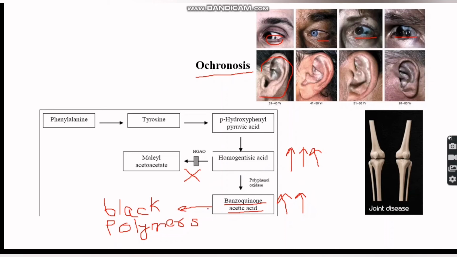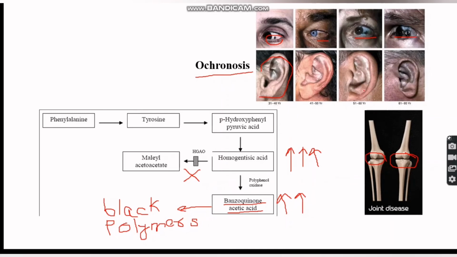So this benzoquinone acetic acid accumulates, due to which black polymers are formed. Black polymers get deposited in the collagen of the cartilage in the eye area, leading to ochronosis. It may also accumulate in our joints, which leads to arthritis.